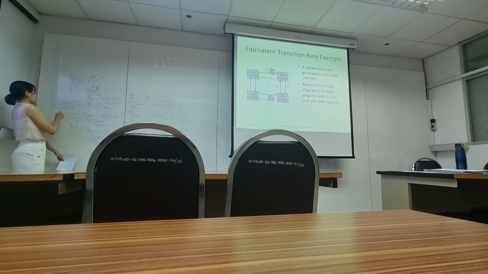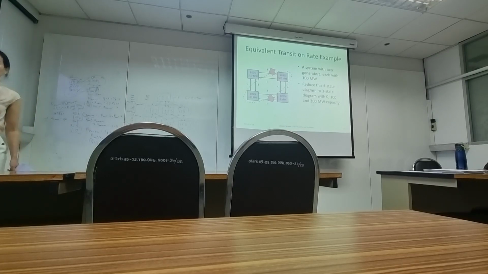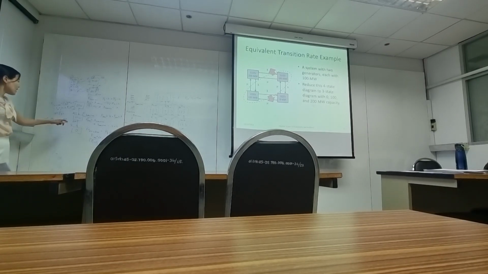But P4 is actually P0, so the equivalent repair rate from 0 to 100 will be equal to 2 mu. So that's how we can calculate the equivalent repair rate and the failure rates of these units.